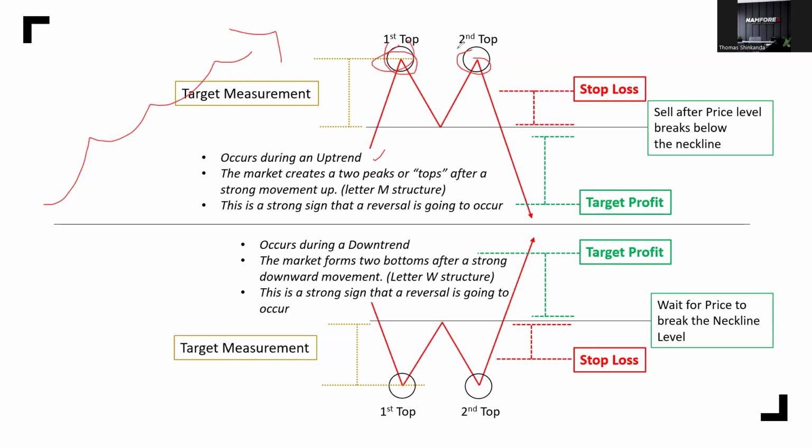These two peaks are known as the tops. After a strong movement up, later it forms an M structure. Some books, you find them as W patterns and M patterns. They are the same. This is a strong sign that a reversal is going to occur. That is, the market will reverse and will start to trend down.